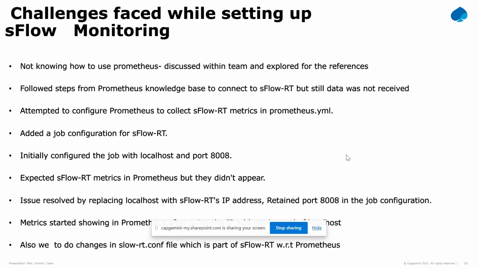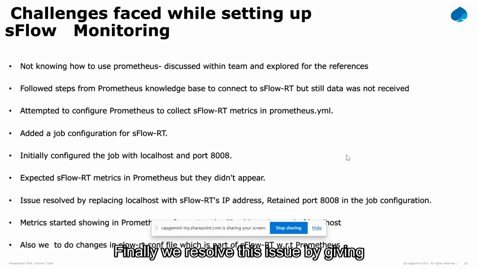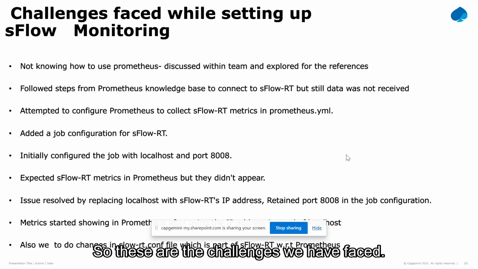So finally, we resolved this issue by giving, instead of localhost, the IP address where sFlow is running, and that IP address we gave in the sFlow metrics of the Prometheus.yaml file. Then this issue got resolved, and finally we were able to see the metrics that have the data in the Prometheus web browser. So these are the challenges we have faced.